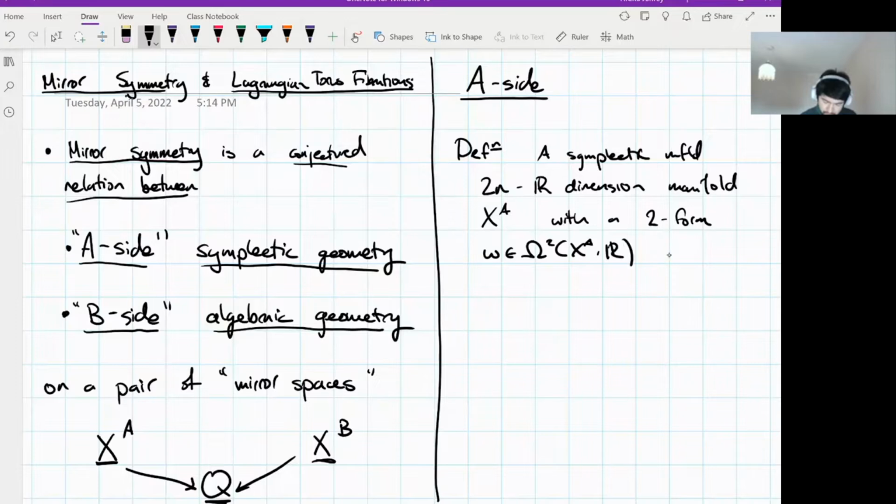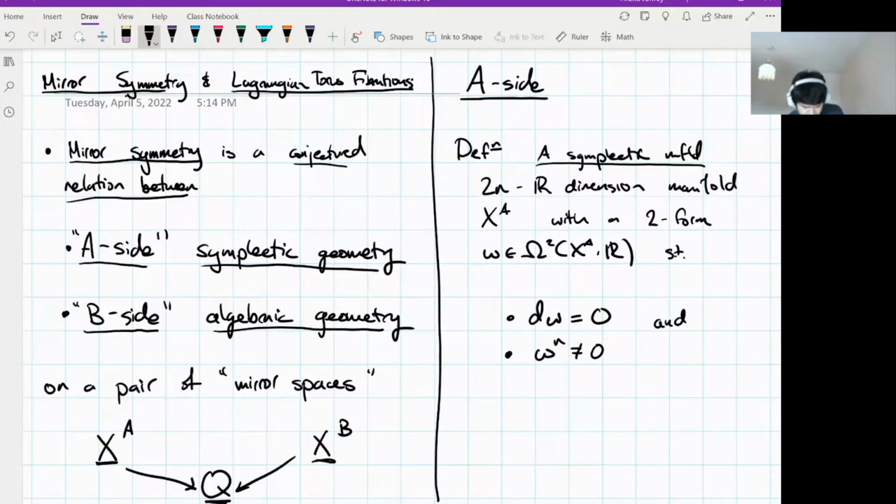This is a real valued 2 form, such that, well, I want it to be closed, so d omega is equal to 0, and non-degenerate. So when I take the nth power of omega, I get something which is not 0. So I get an area form. Oh, sorry, I get a volume on the space.